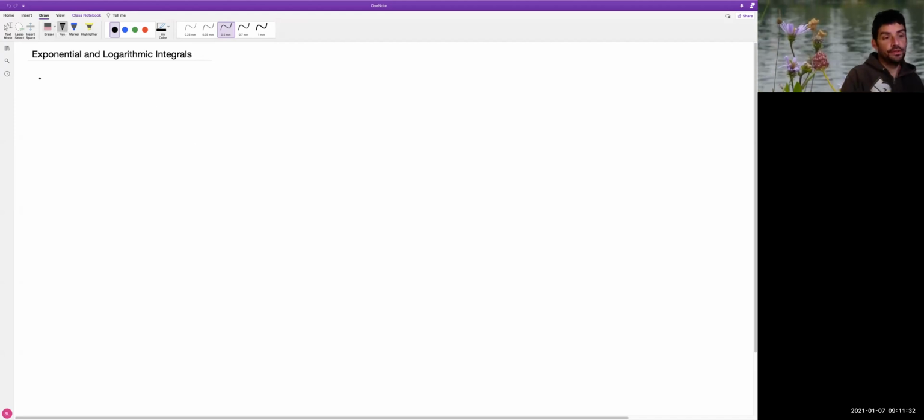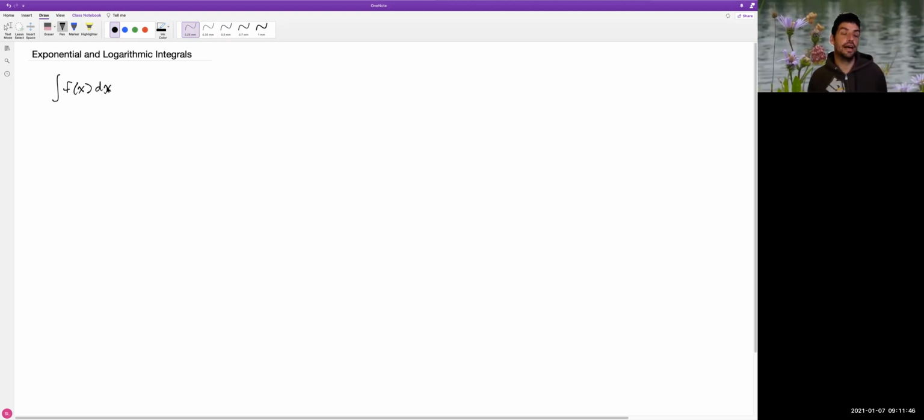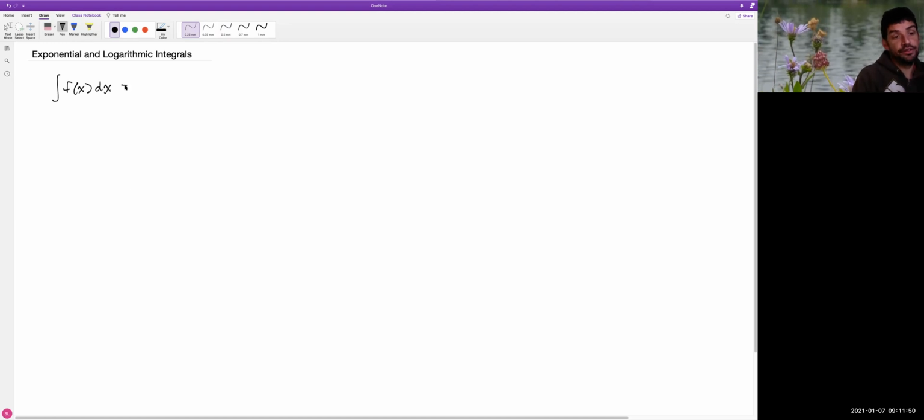Because recall that when we write something like this integral symbol, we're looking for the antiderivative, right?